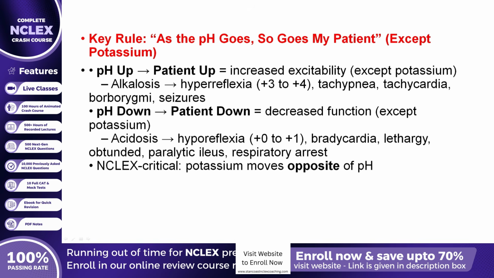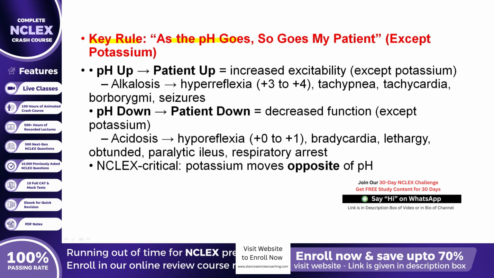Next, we focus on the key rule that as the pH goes, so goes the patient, except for potassium. When pH goes up, the patient goes up, meaning there is increased excitability, except for potassium. And that is why alkalosis leads to hyperreflexia, ranging from 3+ to 4+, tachypnea, tachycardia, borborygmi, and even seizures.